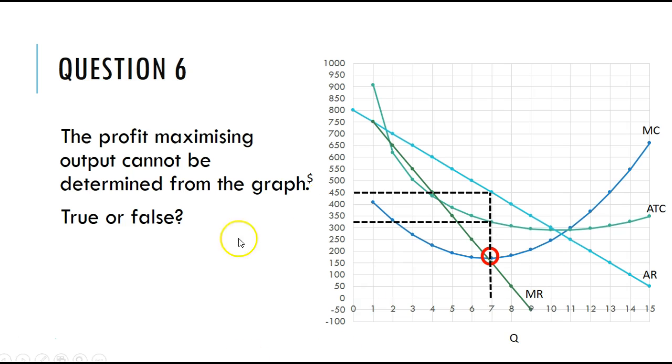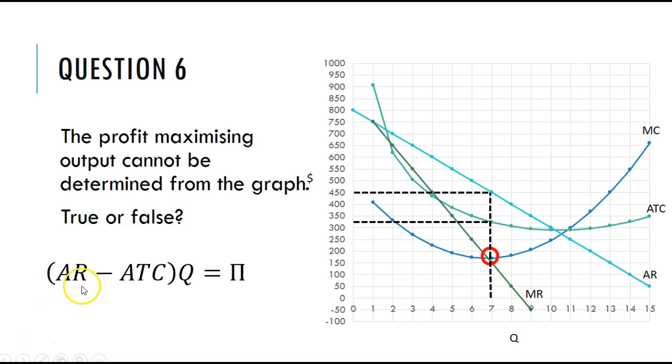They're making profit per unit. They get revenue $450 per unit. Their costs are $325 per unit, so they're making $125 profit per unit. So then all you have to do is say, well, if it's $125 profit per unit times 7 units, that will give us our total profit, and that will be the maximum profit.